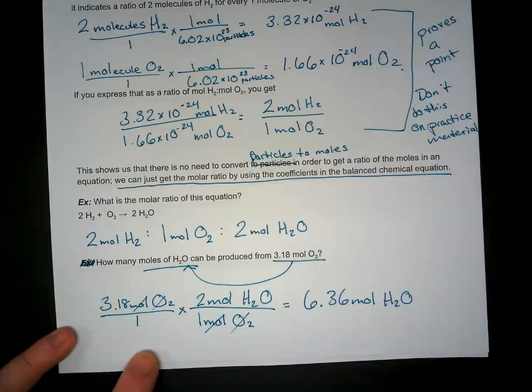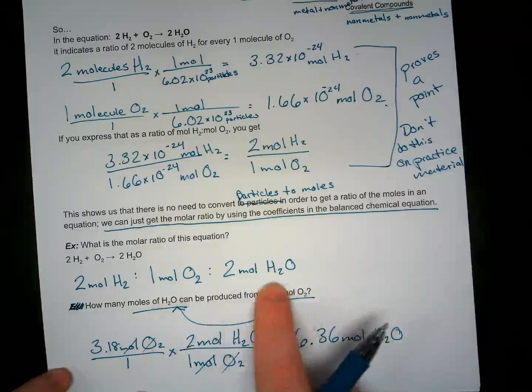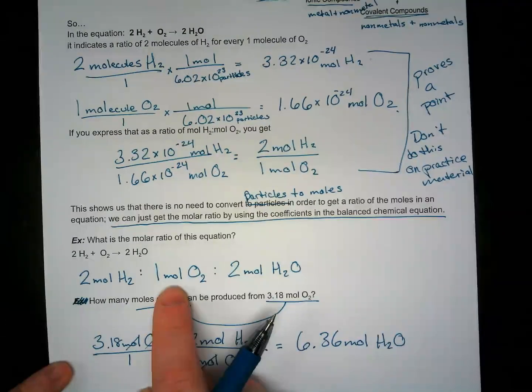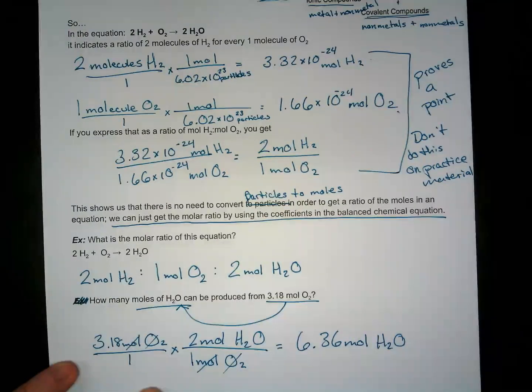Okay? It'll be particles of one substance to the moles of another substance. Okay? So here it's just moles of one substance to moles of another substance. So this is our first baby step. And it's also a baby step in the idea that we can say the number of moles in a particular equation per the coefficients in that equation. Okay.